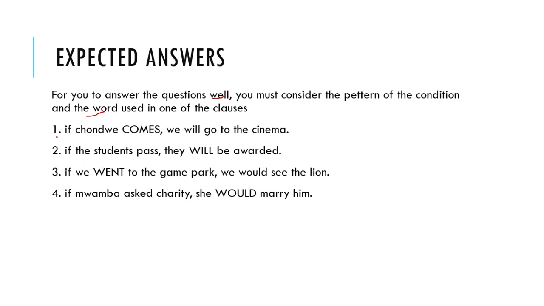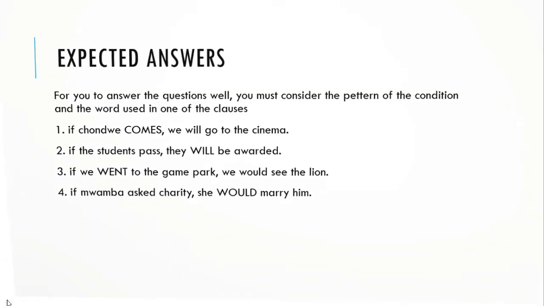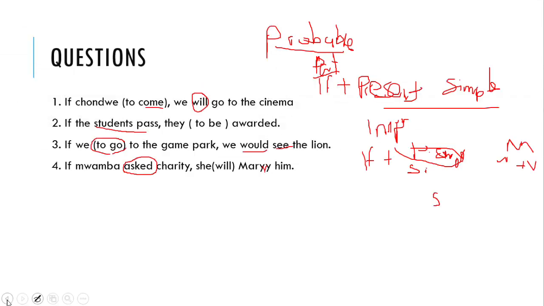So, if Chondwe comes, we will go to the cinema. Look at this. This is the question. If Chondwe to come, we will go to the cinema. So, okay, there is will here. So that means here it should be present simple according to the pattern.